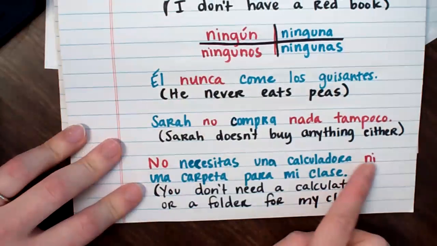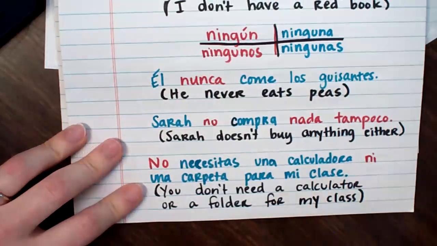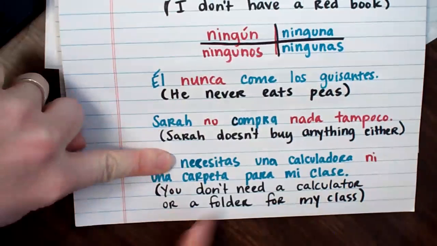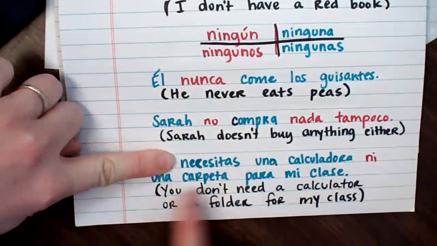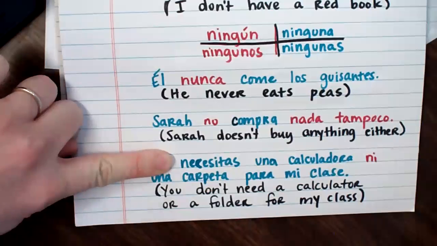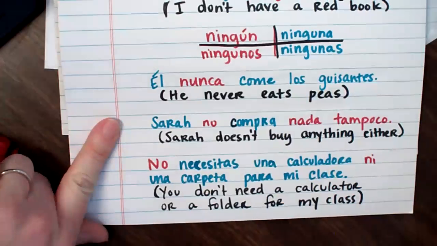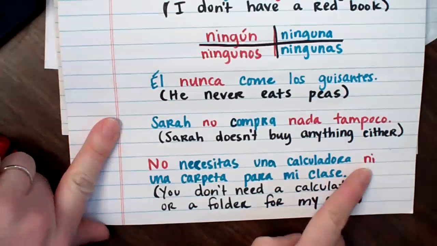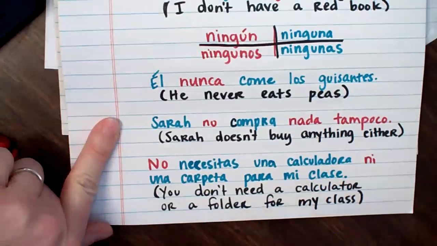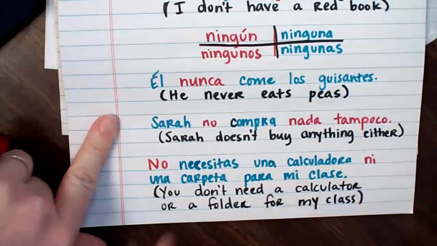But ni, if you use ni, it has to be in a double negative sentence. You can't just say, necesitas una calculadora ni una carpeta. That wouldn't be grammatically correct. You have to preface that sentence with no, because ni needs that support. It needs that extra affirmation that it is a negative sentence.